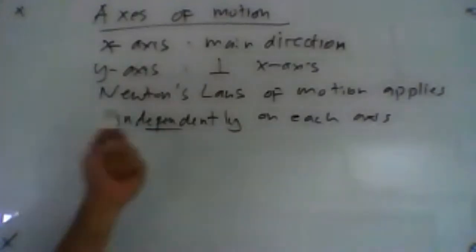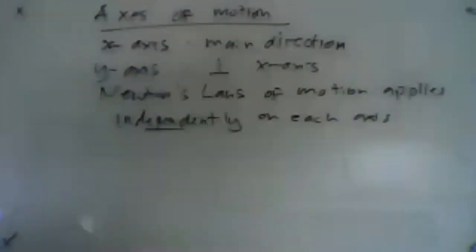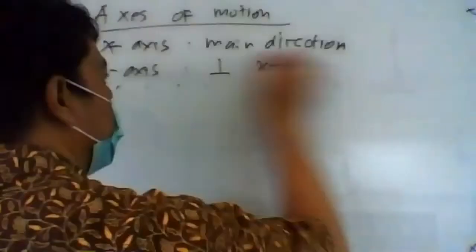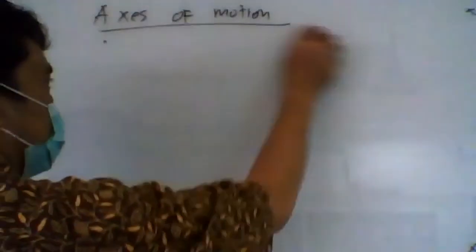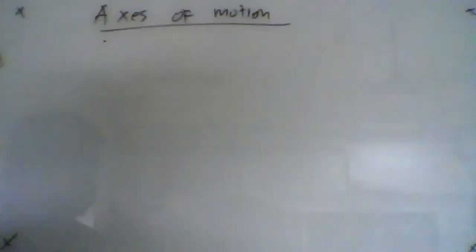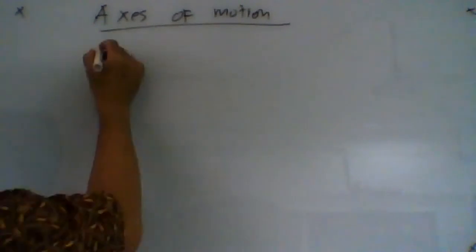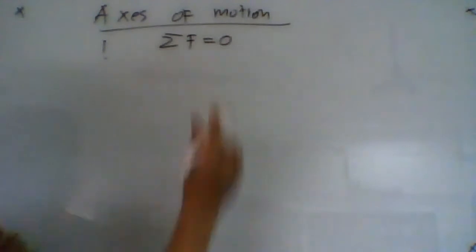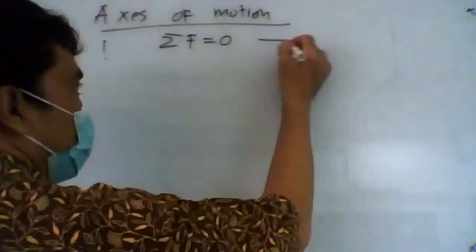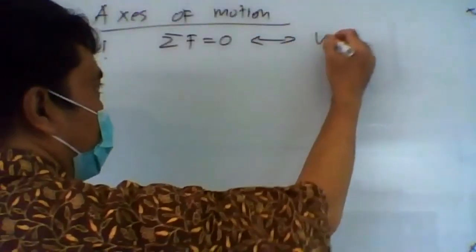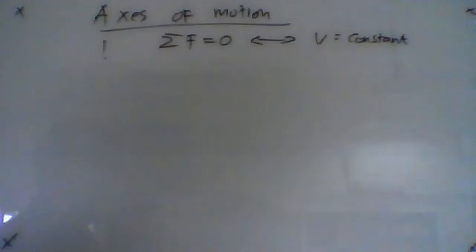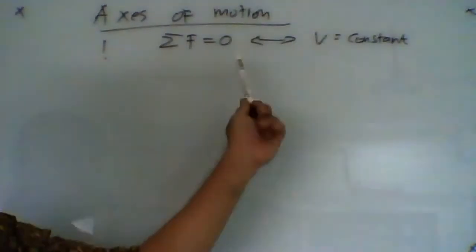Okay, so here we are talking about Newton's laws of motion. What are they? There are three Newton's laws of motion. The first law says that the sum of the forces is zero if and only if the velocity is constant. This arrow here is bidirectional.